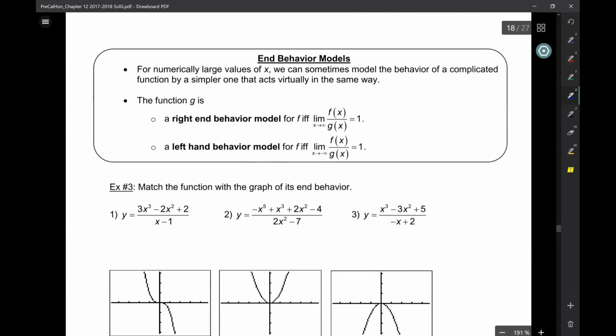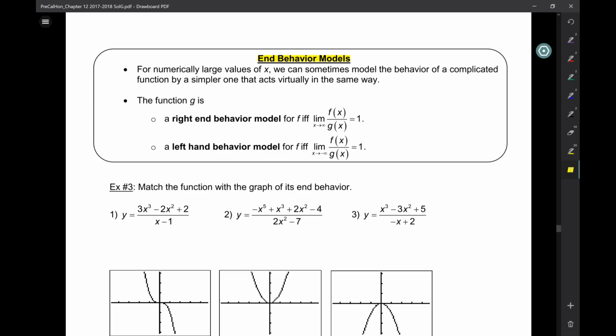All right, moving on, we're going to talk about end behavior models. This is very, very important when we're analyzing functions when they model a specific concept or a quantity. So let's say you have a function that describes the behavior of, I don't know, population growth. Let's say you have a complicated function that describes the behavior of a magnetic field or how the current runs through a circuit.